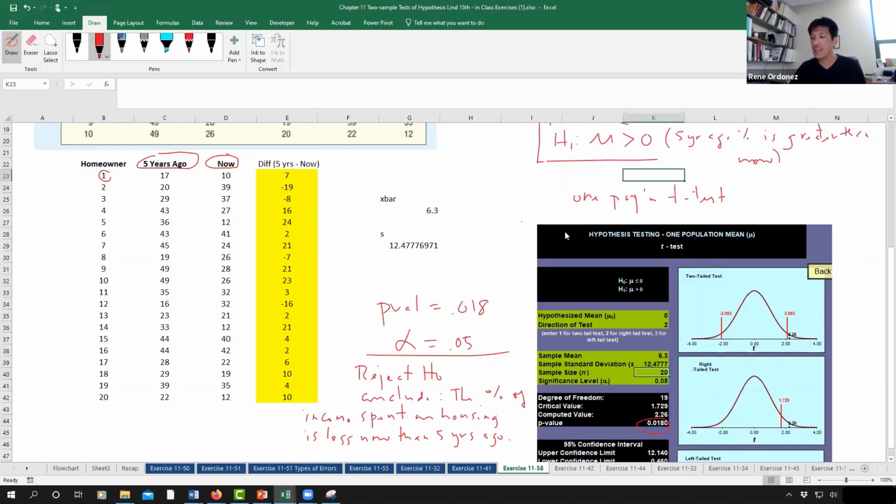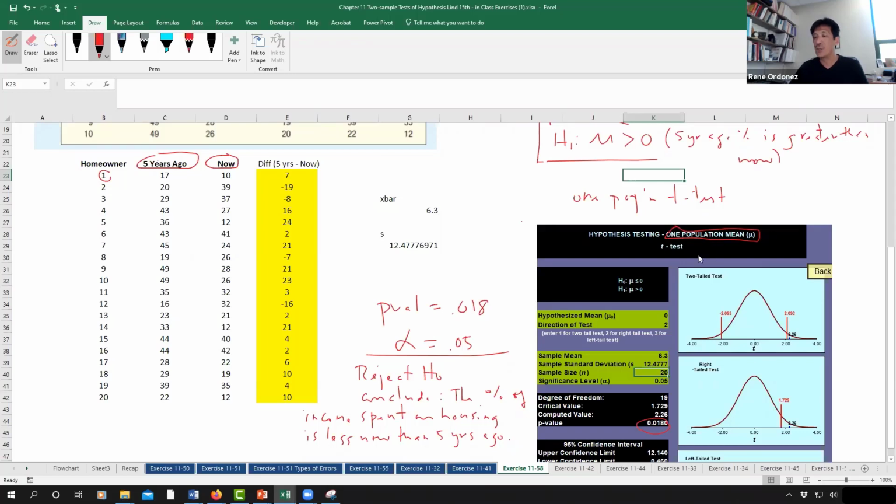So this is actually another approach to solving this problem, recognizing that dependent samples revert back to a one population t-test.